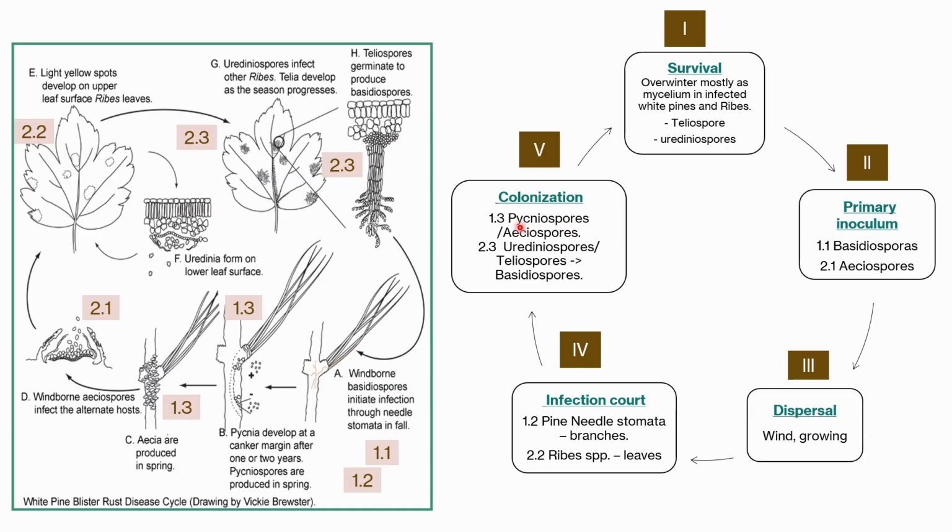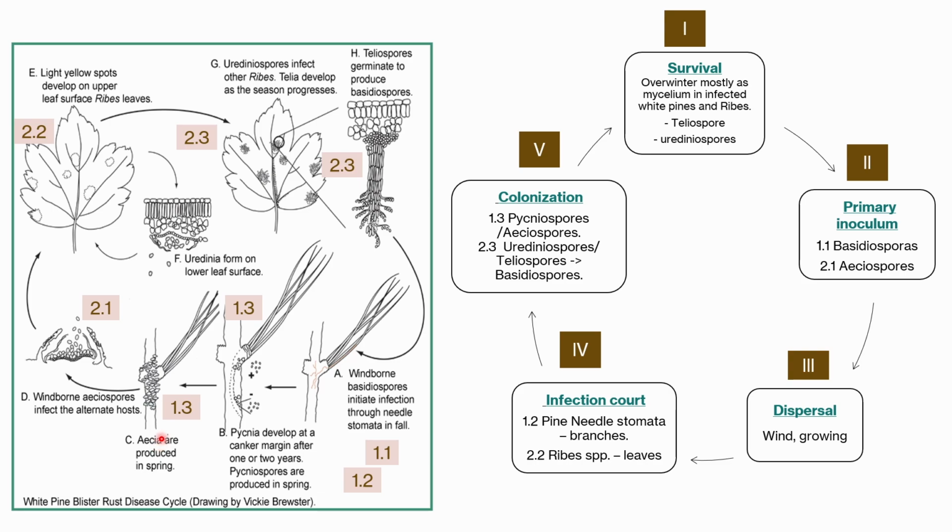This step leads to the formation of the dikaryotic mycelium, and from the dikaryotic mycelium, aeciospores will be produced. The aeciospores, so we can see that here. The aeciospores are produced in spring.